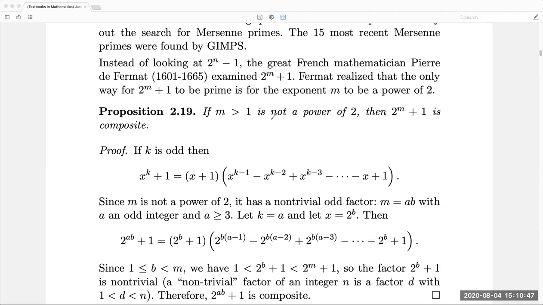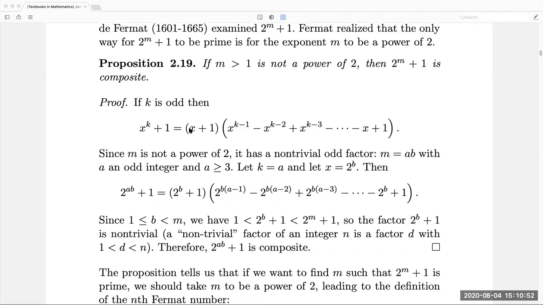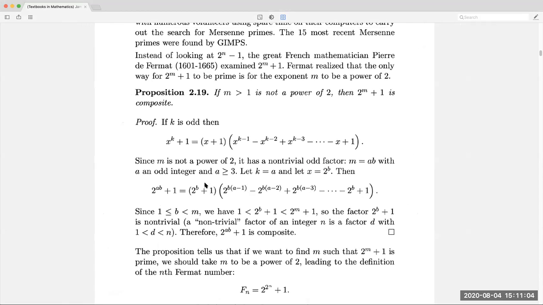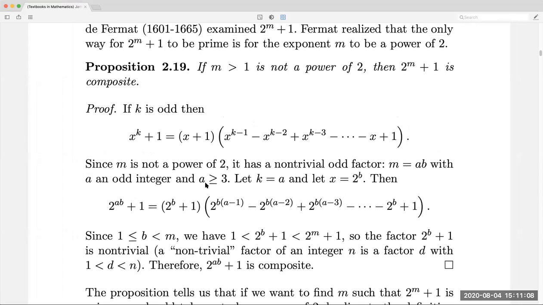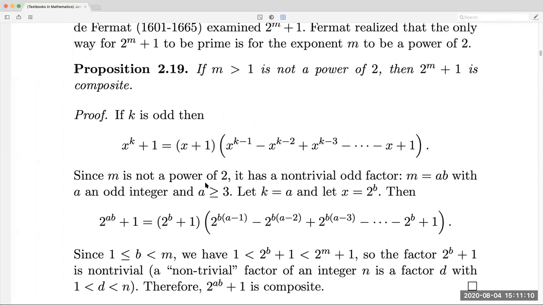So let's have a look at this one. I think the proof is so similar, so you can have a look by yourself.